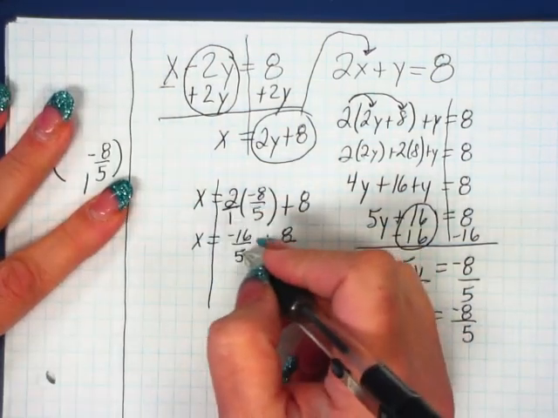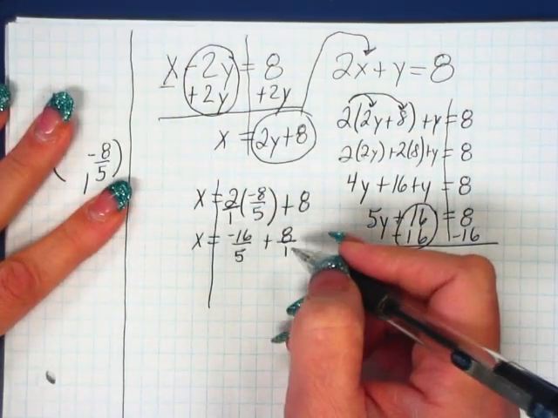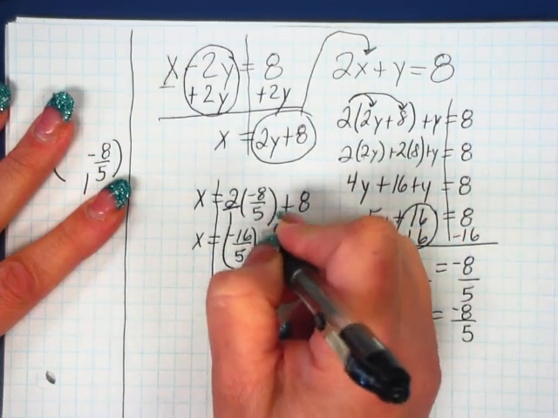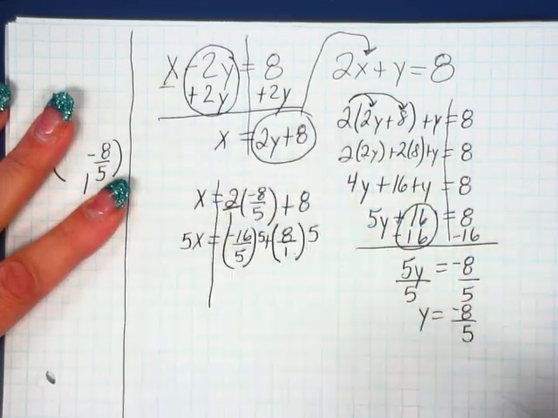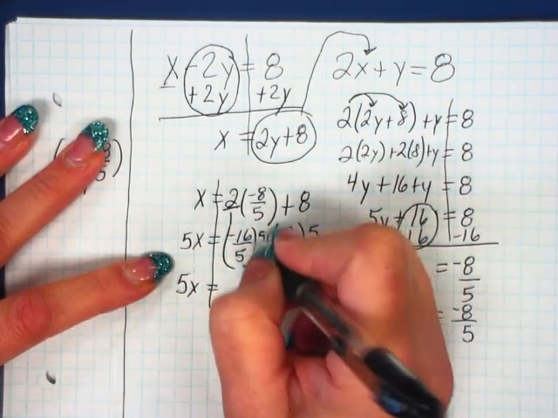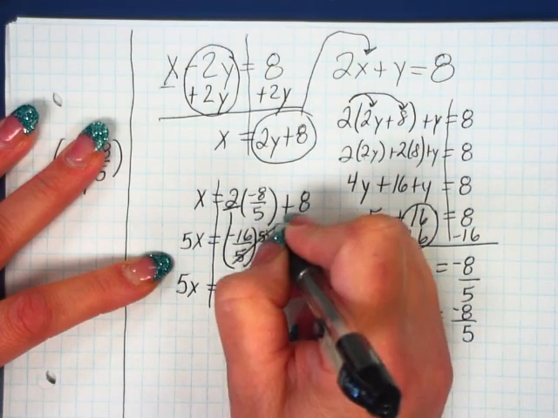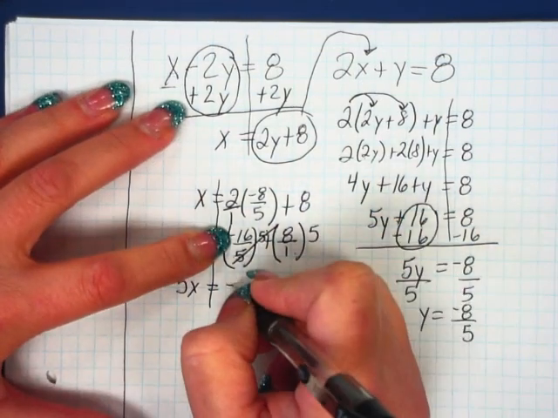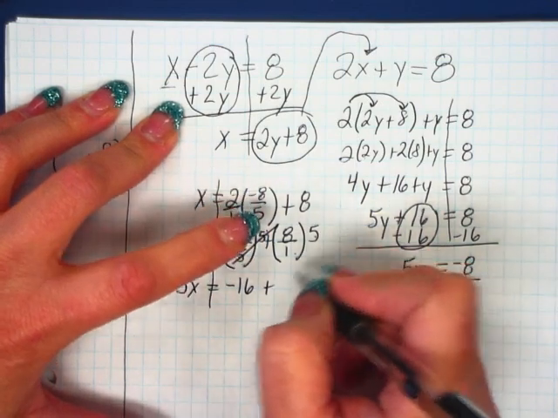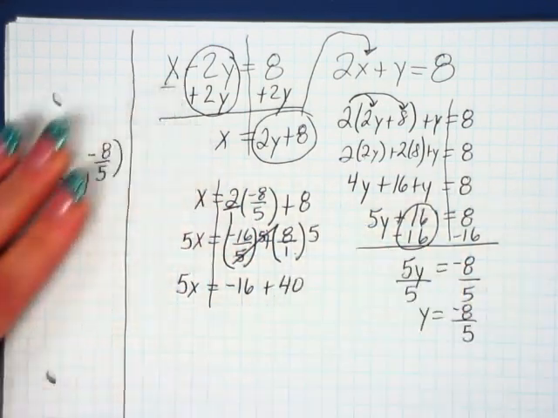So the common denominator of 5 and 1 is 5. So I'm going to multiply this piece times 5, this piece times 5, and this piece times 5. So I get 5x equals, well, 5 divided by 5 is 1. They cancel each other out. So I get negative 16 plus 8 times 5, which is 40.